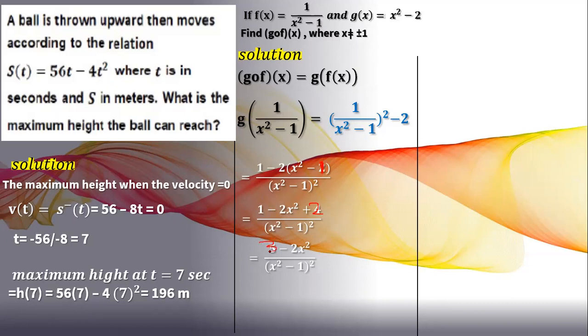So the right answer is 3 minus 2x squared over (x squared minus 1) power 2. Okay, guys. Sorry for the mistake.